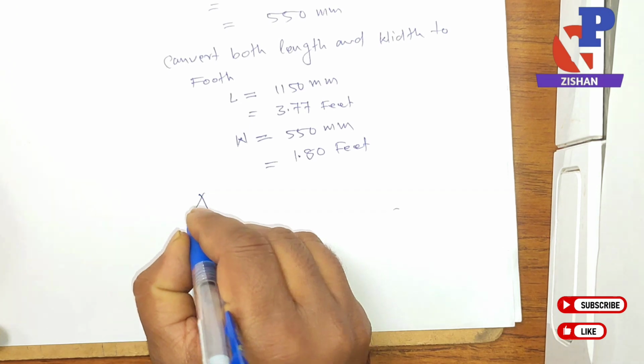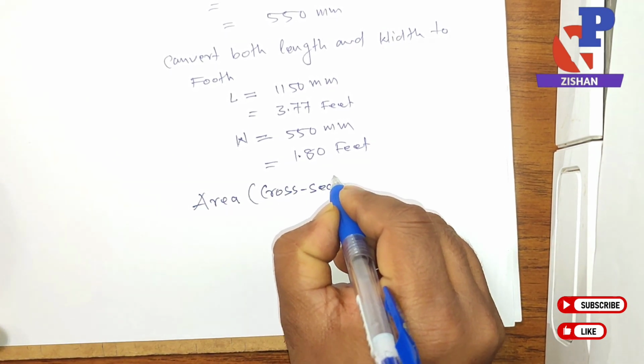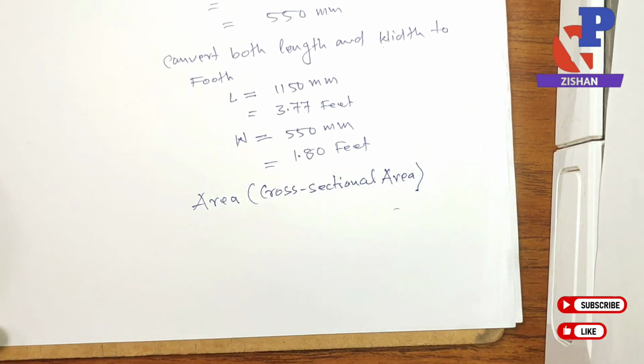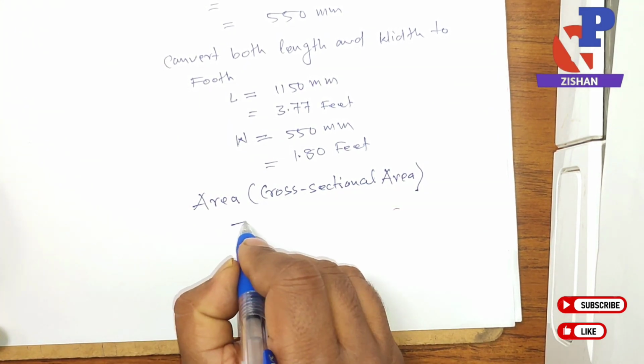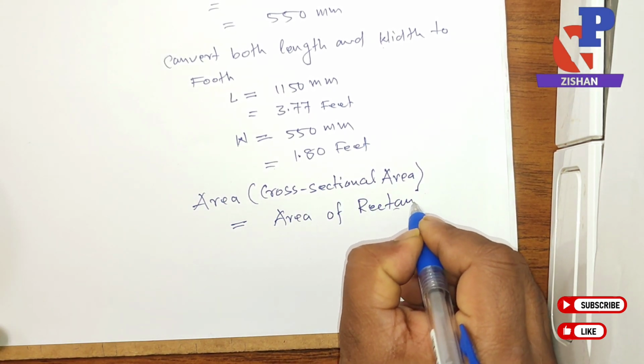Now we have to calculate the cross sectional area inside the rectangular duct. Our sample is rectangular, so the cross sectional area is equal to the area of the rectangle.